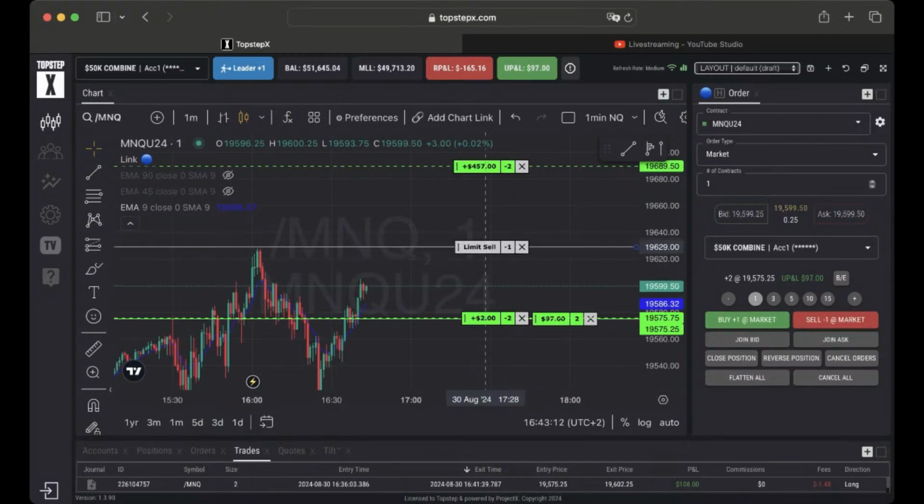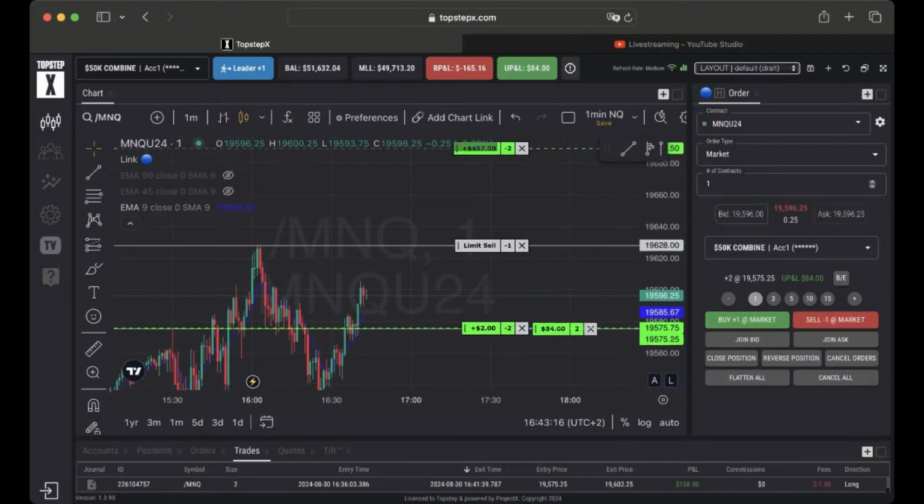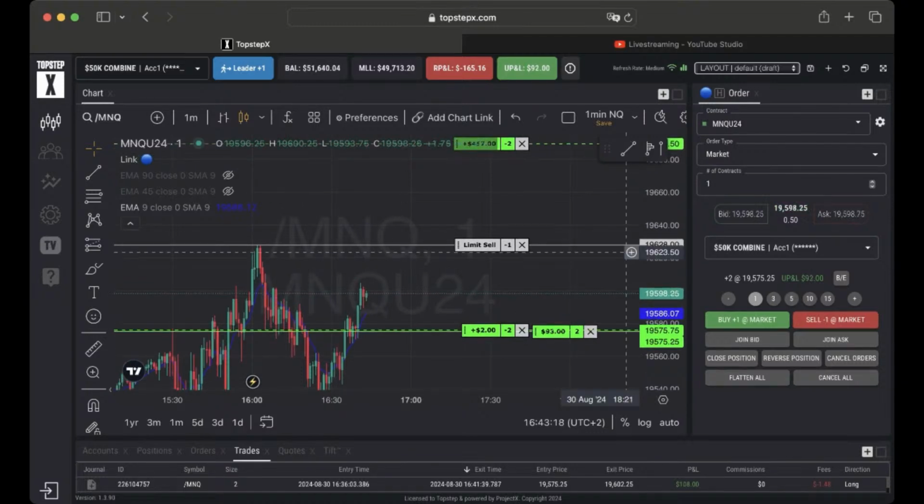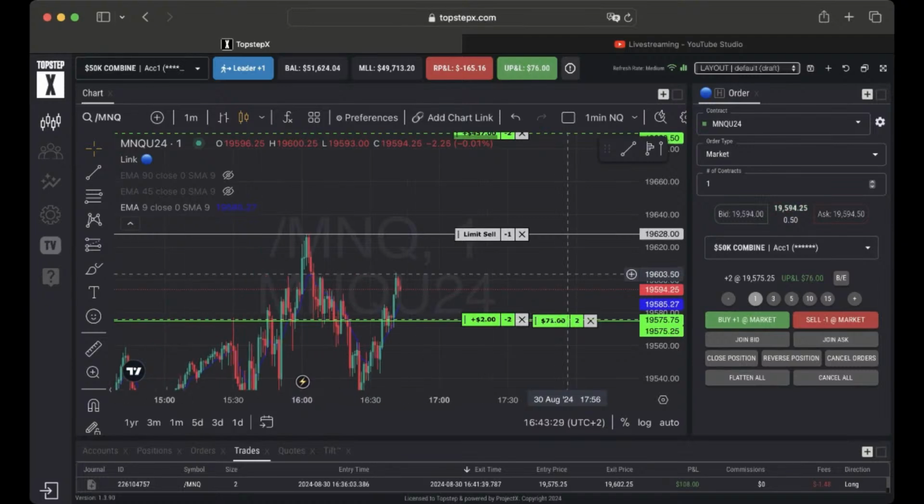Okay, I will put one here because it's just like 7 points, so it's 14 bucks. And if we miss this by a tick, and then we go all the way back down to my stop, I would be definitely pissed.